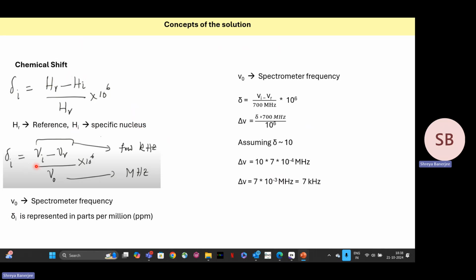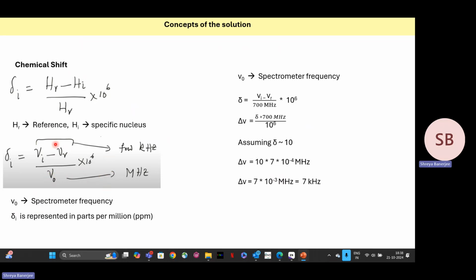This can be converted in terms of frequency. You can write it as nu I minus nu R by nu 0, where nu I is the frequency of the particular nucleus you are studying, nu R is the reference frequency. We know that in NMR, normally a reference like tetramethylsilane is taken, which gives ppm value 0. And nu 0 is the spectrometer frequency.